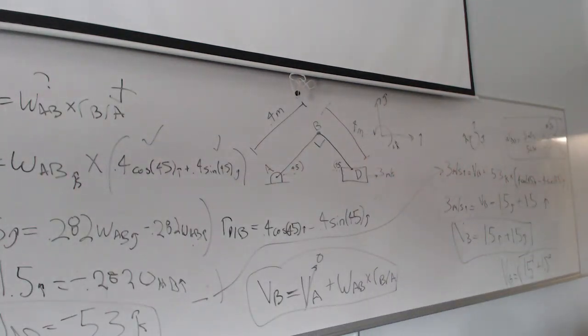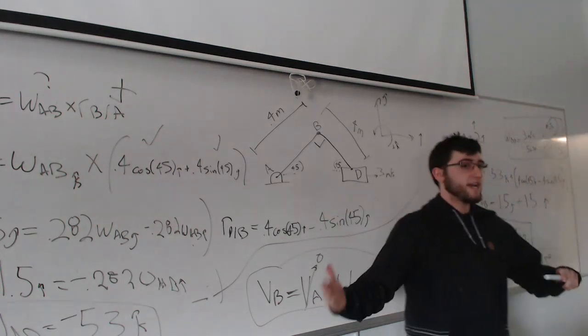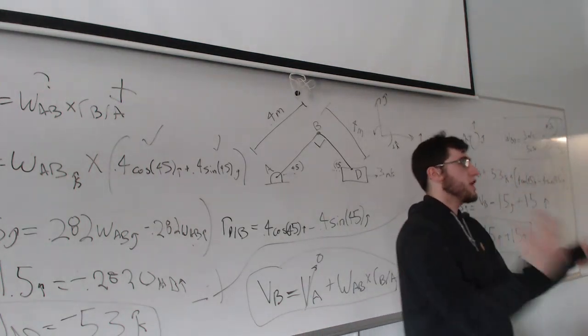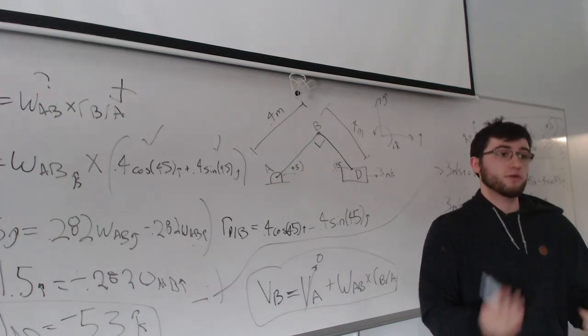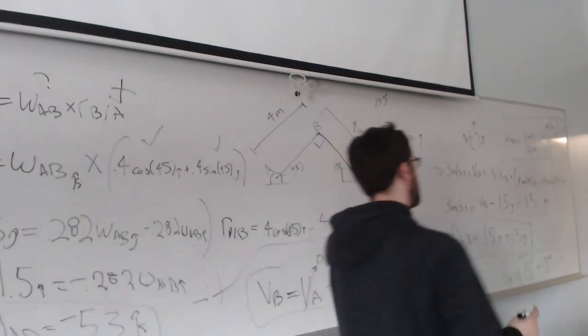One final thing to say about this. In the original system we were looking at, we have link AB on this side and link BD on this side. We found that link BD was rotating counterclockwise, so it makes perfect sense that link AB has the exact same speed, but in the opposite direction of rotation. That's where your engineering sense needs to come into play.